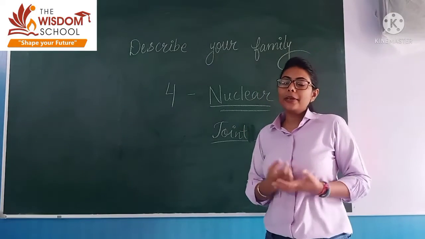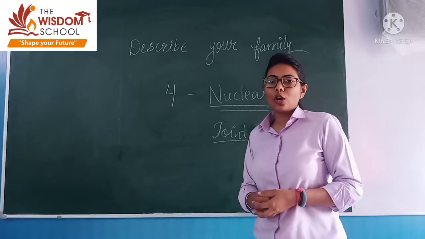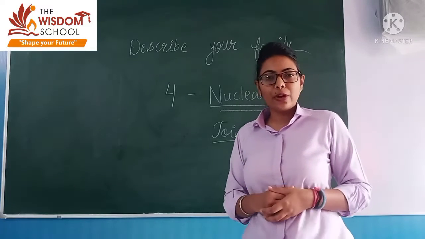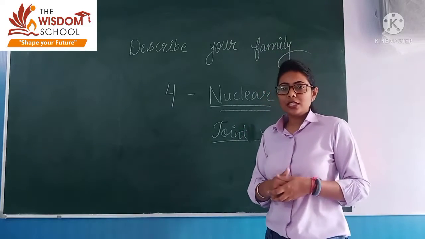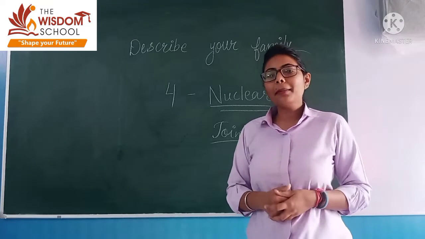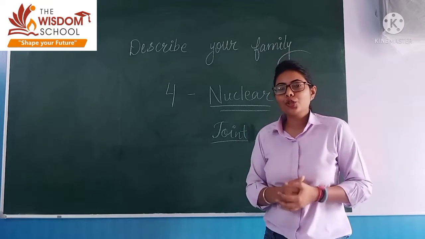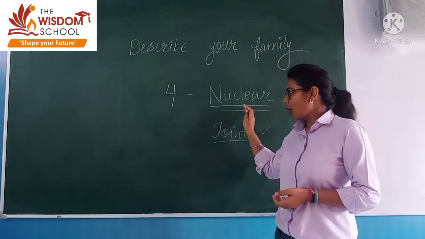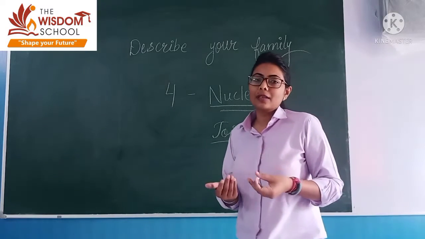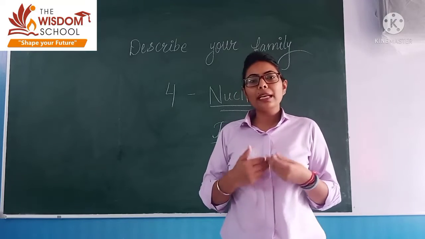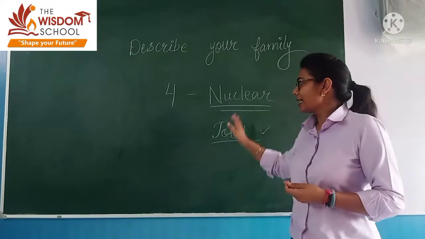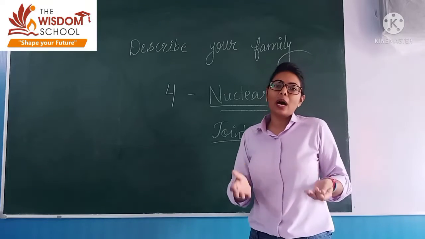So if you are staying in a joint family, where there are a lot of members, you should start by saying, "We are a joint family," or "I live in a joint family." I hope this is clear to you. Whenever you are describing or explaining your family, you should not forget what kind of family you are living in.